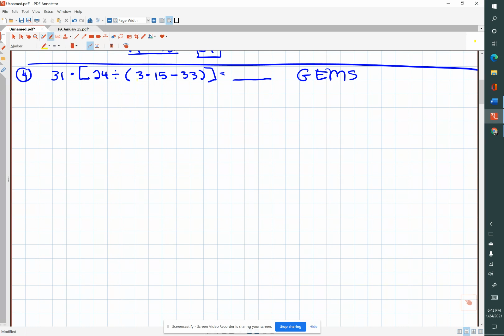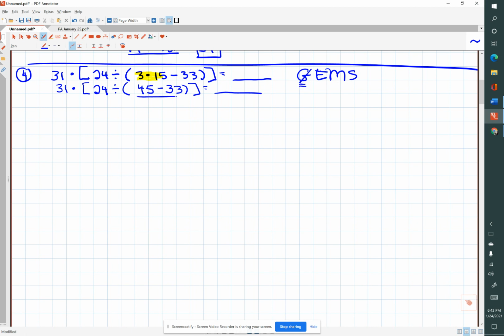We've got multiplication and subtraction. So we're going to start with the multiplication first on the inside. So 31 times bracket 24 divided by 3 times 15 is 45 minus 33 equals. Now, we're still in grouping symbols here.